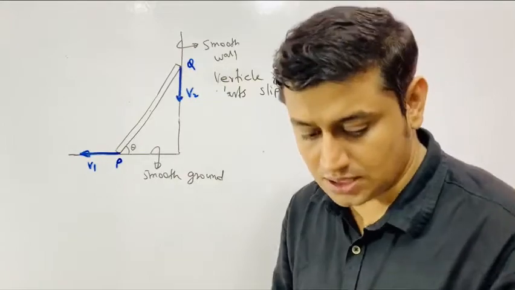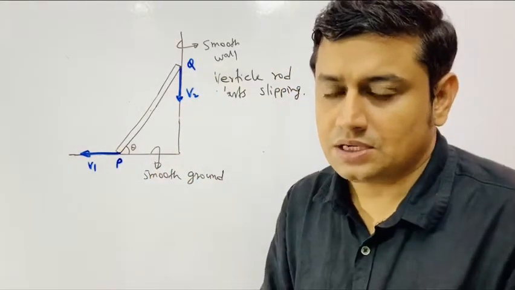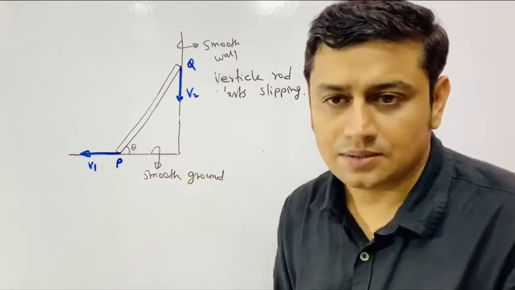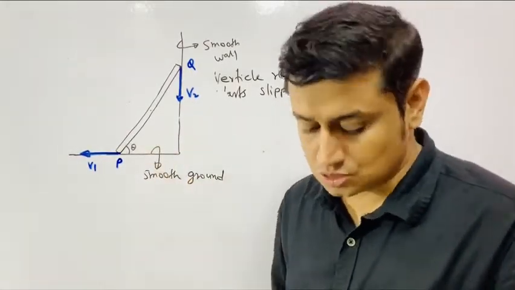Now, this fits our second case. In our first case, the two velocities were parallel or anti-parallel. Here the two velocities are not parallel. So what do you do?